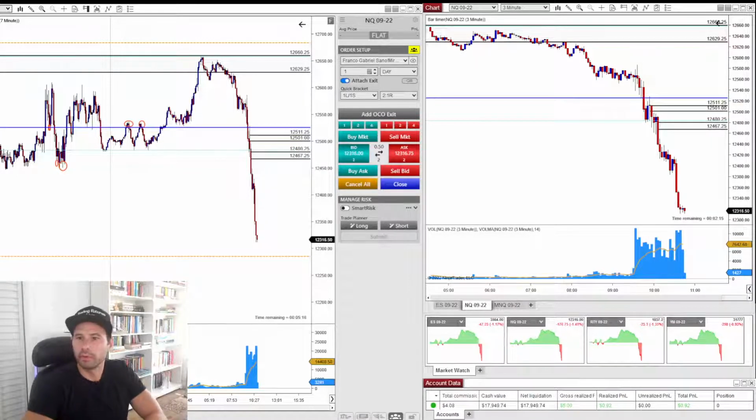I'm gonna stay for a little bit, but I don't think I will have any opportunity anytime soon, because I'm expecting the dollar to retrace a little bit, and if it doesn't retrace, I will not take any trade.